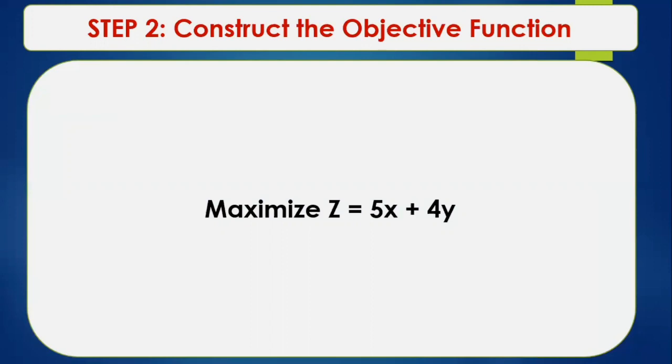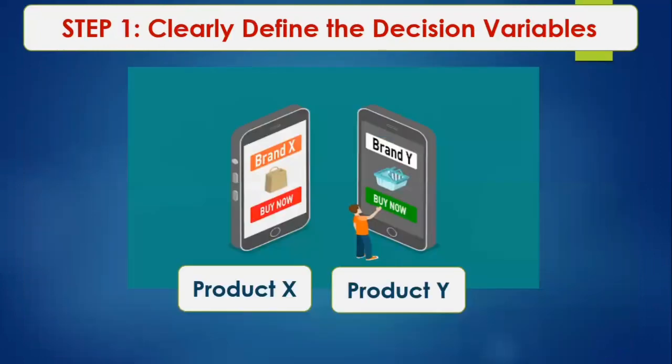So that's the decision of the company. They need to maximize their profit. So therefore, we are finally done with step number 2. And after constructing the objective function, the last step that we need to do is to formulate the constraints.